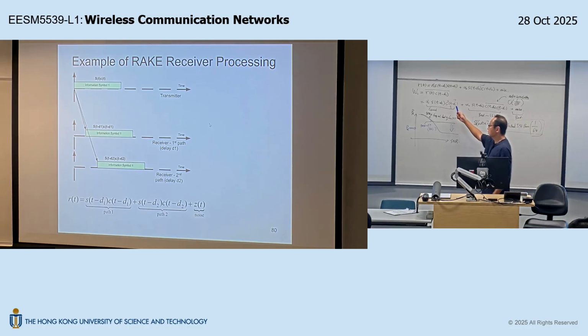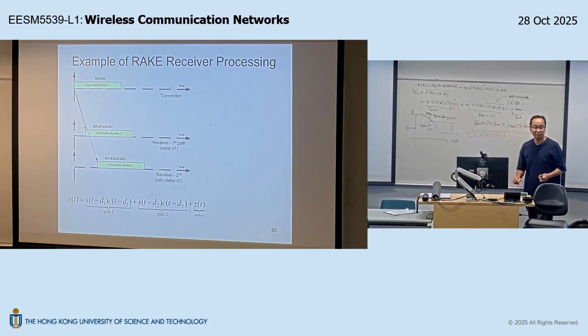Now, this is what can be achieved by doing this despreading with respect to the first timing, right? But as I said, this is just one of the possible despreading timings. What about if you despread with respect to the second timing? If you despread with respect to the second timing, let me write down the equation. W2 will be given by these broken pieces despread with the spreading sequence aligned to the second timing, like this, right?